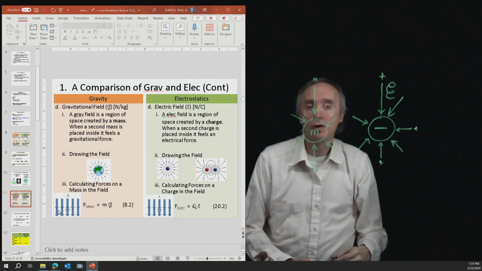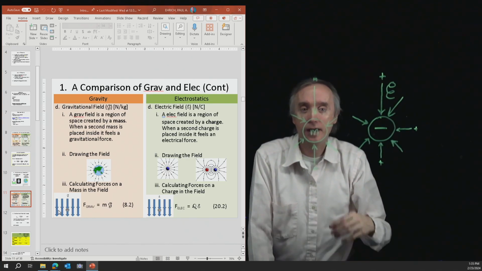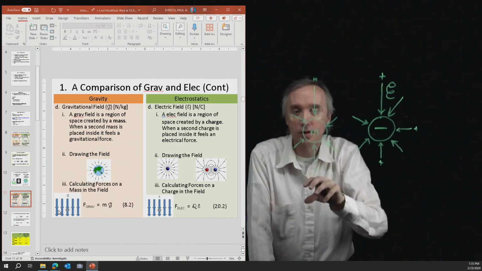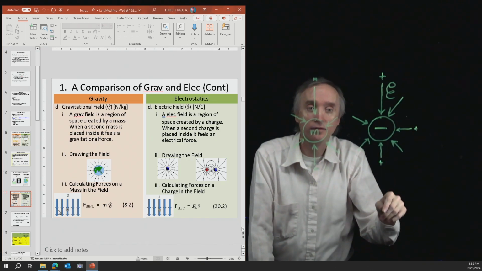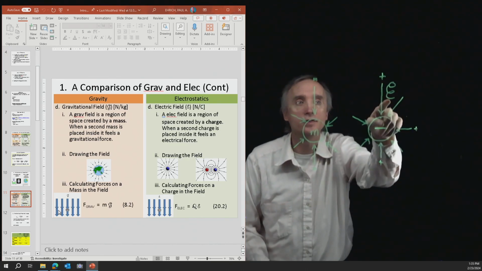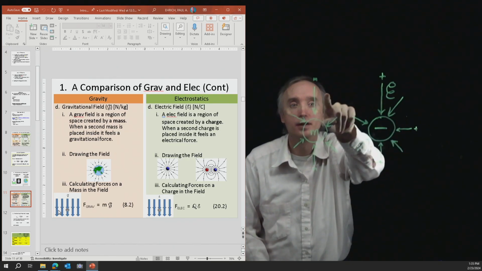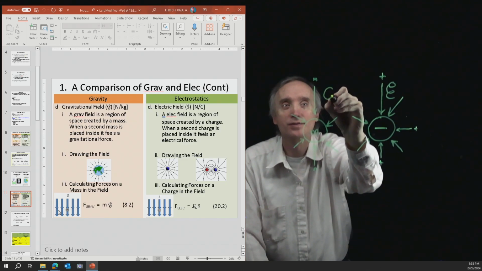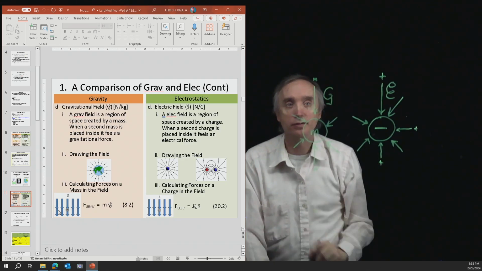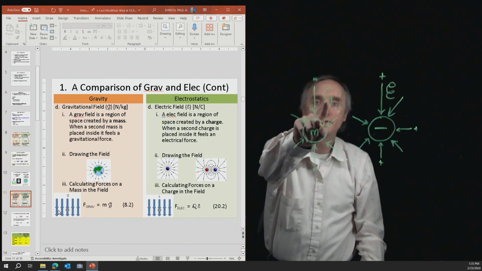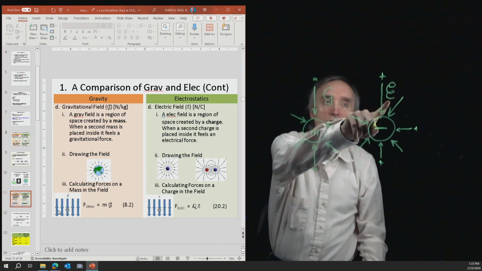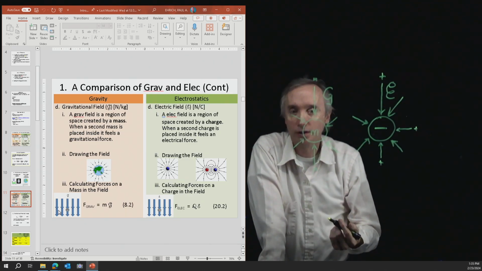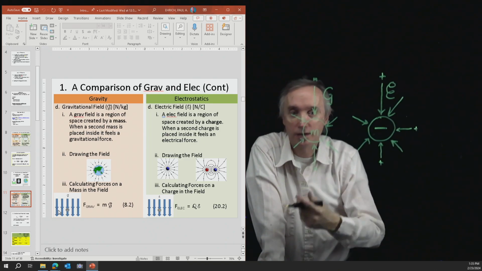Okay, then we also want to have a connector between the force of gravity and the field. If this is the electric field, then this thing over here is the gravitational field, and I make kind of a fancy G. So this represents the gravitational field, this represents the electric field, and we would like to have a formula that connects them.